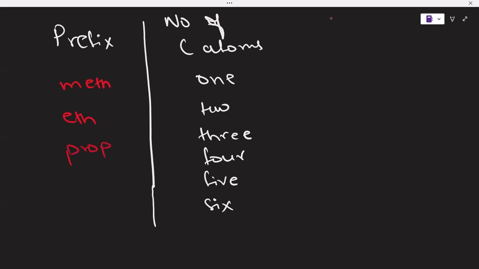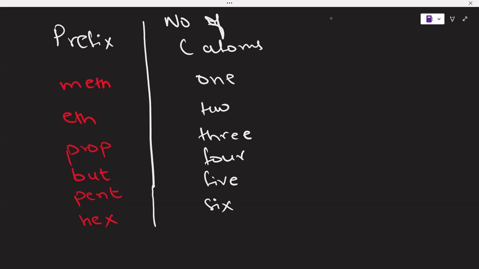Four carbon atoms is called but. Five carbon atoms is called pent, and six is called hex. So one is meth, two is eth, three is prop, four is but, five is pent, and six is hex.